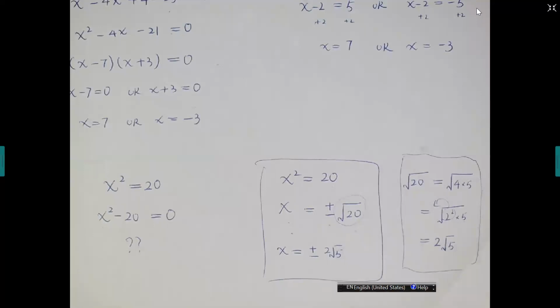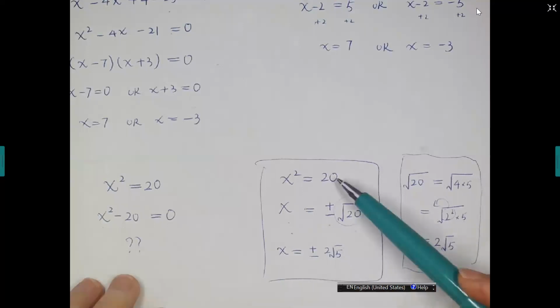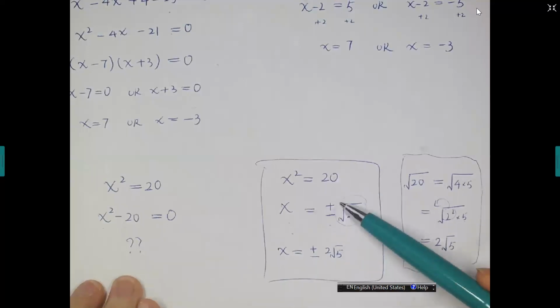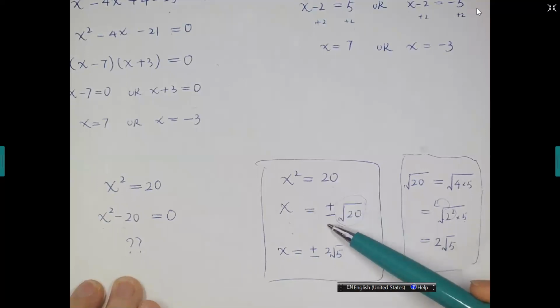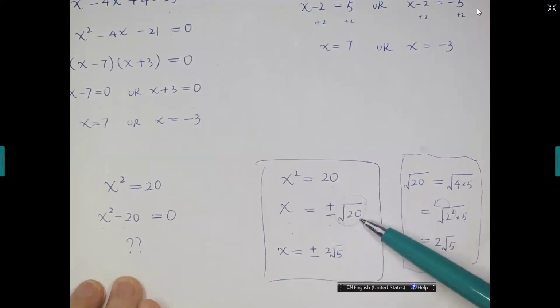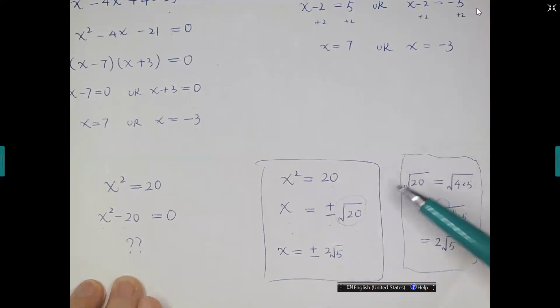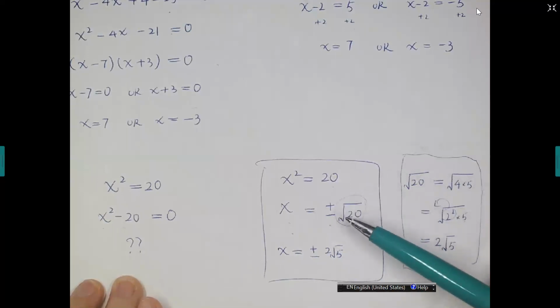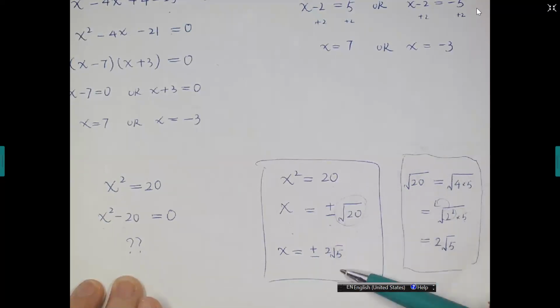What we have to remember when we use this method: don't forget when we take the square root, we'll have two roots, either positive or negative. The other one, do not forget to simplify the radical expression. What we have learned previously can all be applied to what we are doing now. In chapter 8, for all radical expressions, we have to make sure they are simplified. Same thing here.